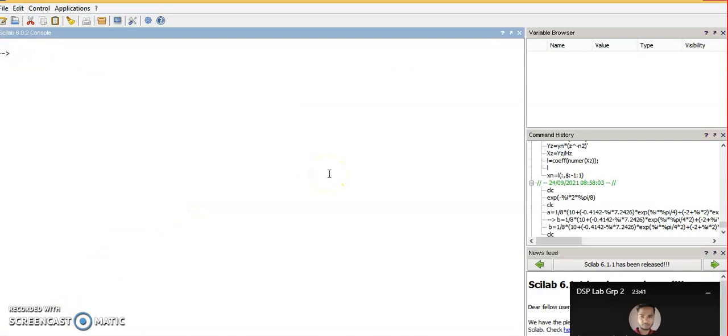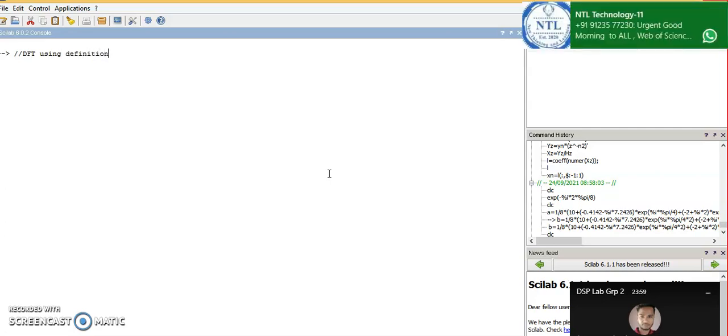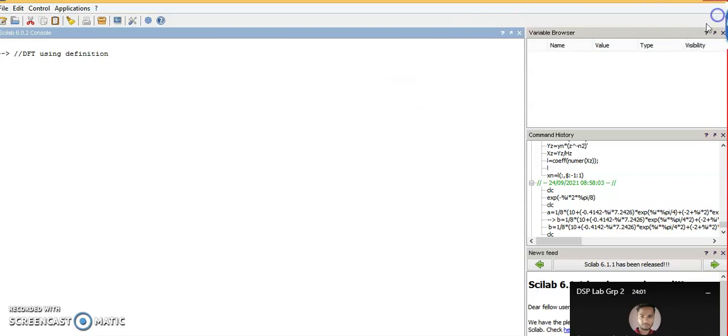Are you able to see this SciLab console? We have to find the DFT using the definition.